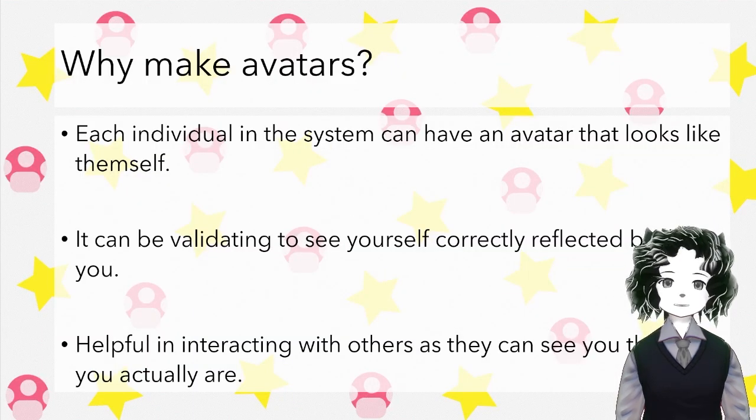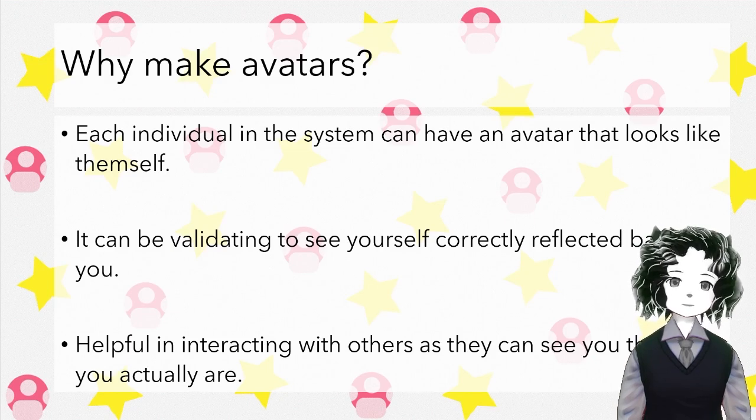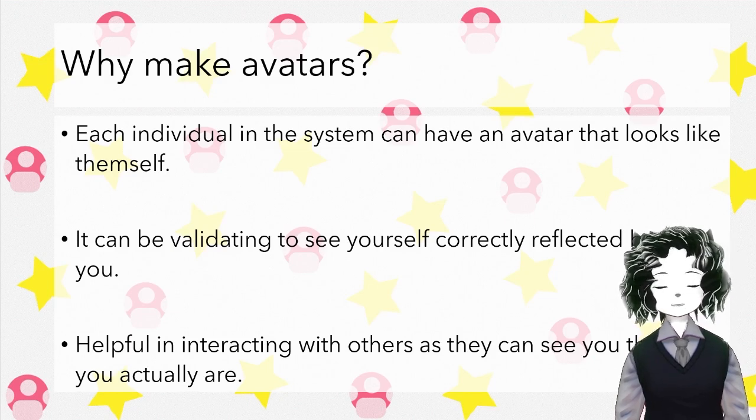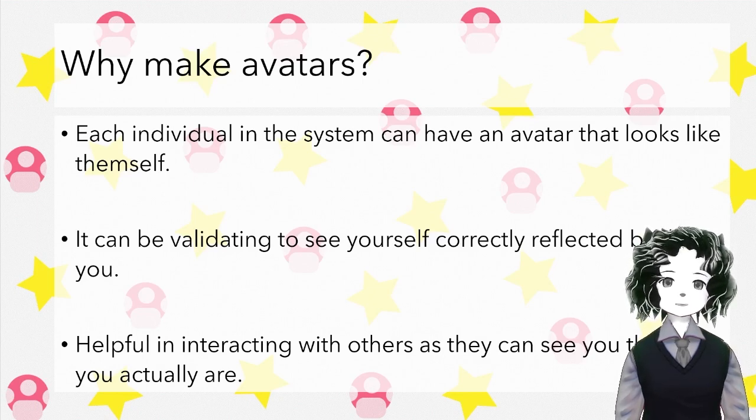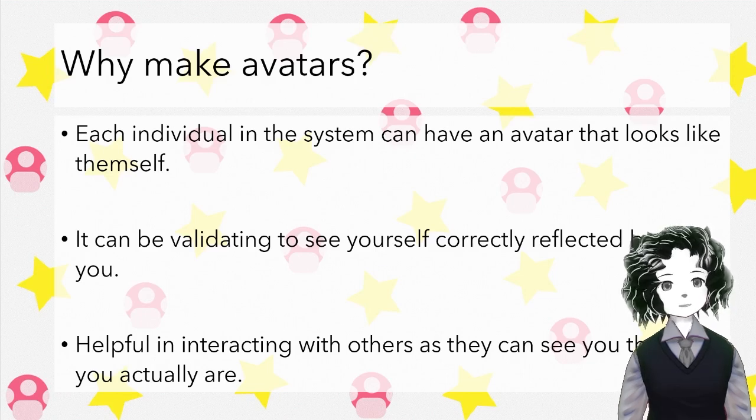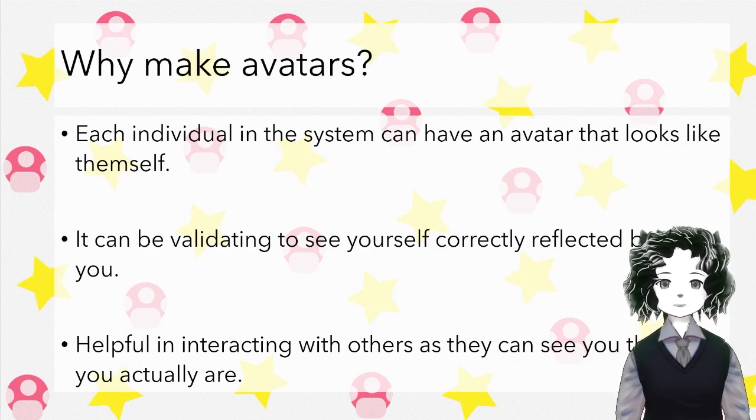So what are some of the reasons to do this in the first place? It is really cool as a system to have different people be able to look like themselves. And we understand that in bigger systems it might be too complicated to do that, but hopefully some people in the system might be able to make an avatar that looks like themselves and they can use it online.